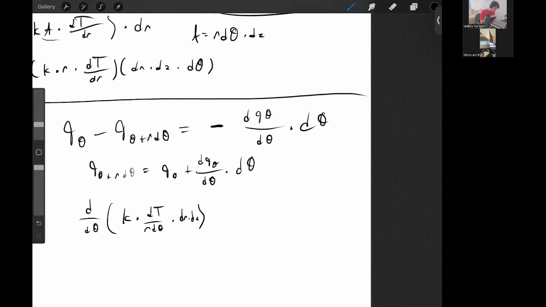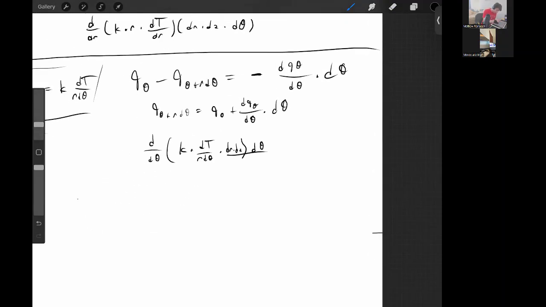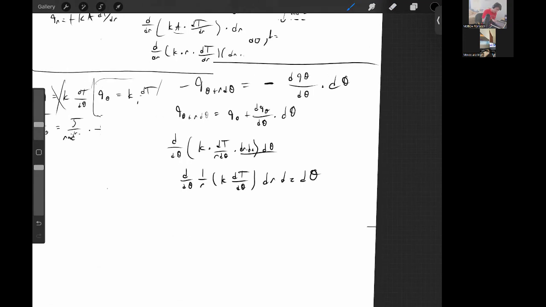And then we're going to set this to change of theta, and shove our like terms outside. So I'm going to rewrite this quite a bit. I'm going to say d theta, 1 over r, k, change of temperature in regards to change of theta, multiplied by dr, dz, and d theta.